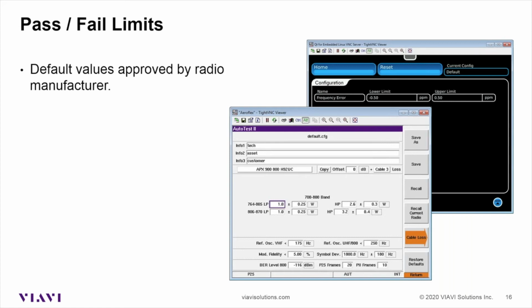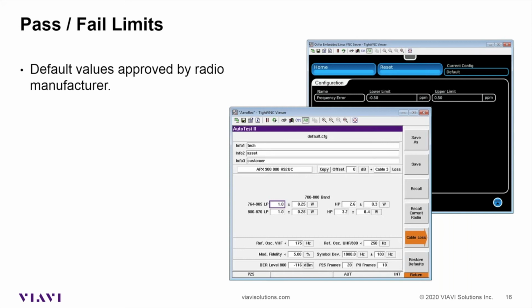And sometimes the alignment steps from one soft pot value to the next don't allow that small of an adjustment. So you could have a transmit power that was too low, and you adjust that soft pot value up one value, and now the power is too high because we can't hit that fine of an adjustment. So it's best to leave those at their default values.